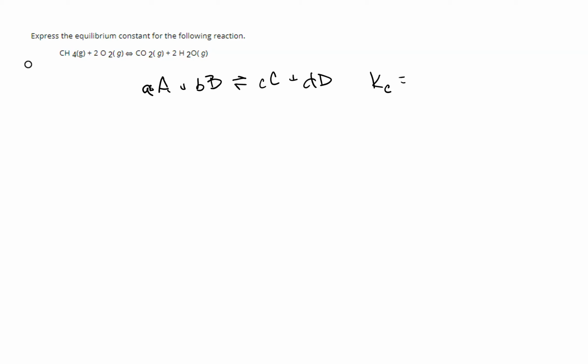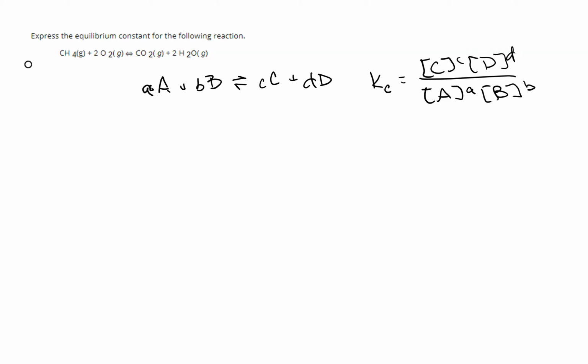Products over reactants, folks. Products over reactants. [C] to the c, [D] to the d, or generically products raised to their respective power, over [A] to the a, [B] to the b, reactants raised to their respective powers.